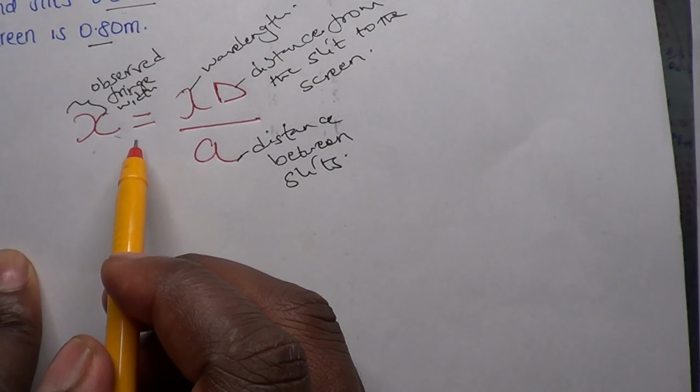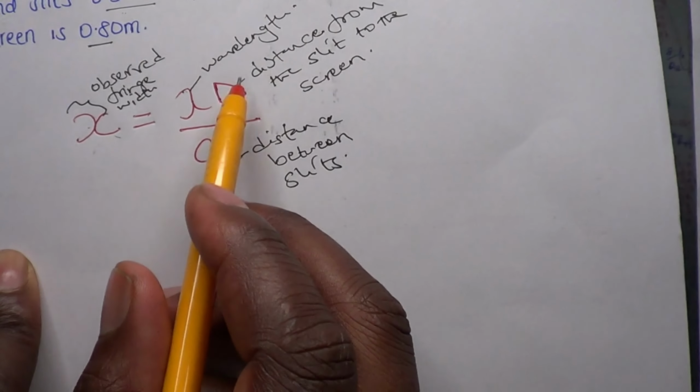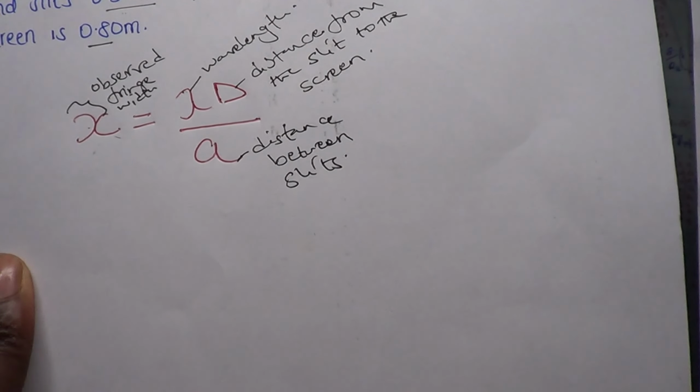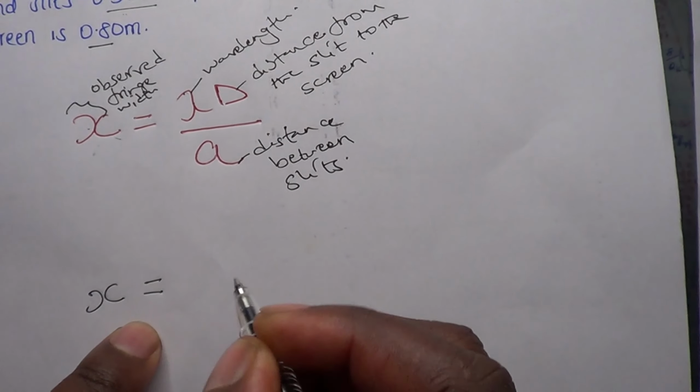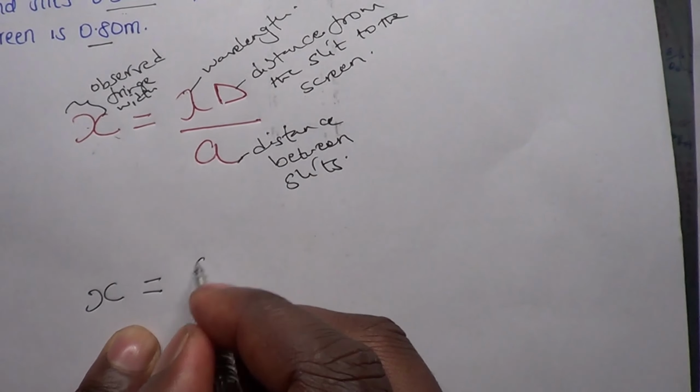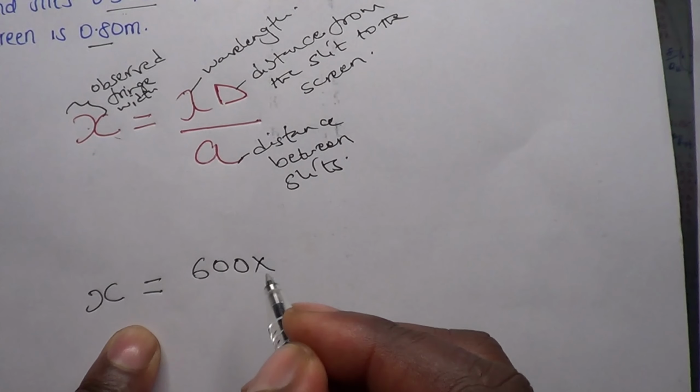That's x, the observed fringe, equals this. Now for us to find the observed fringe, x is equal to the lambda we are given, that is 600 nanometers, but we need to change it into meters.